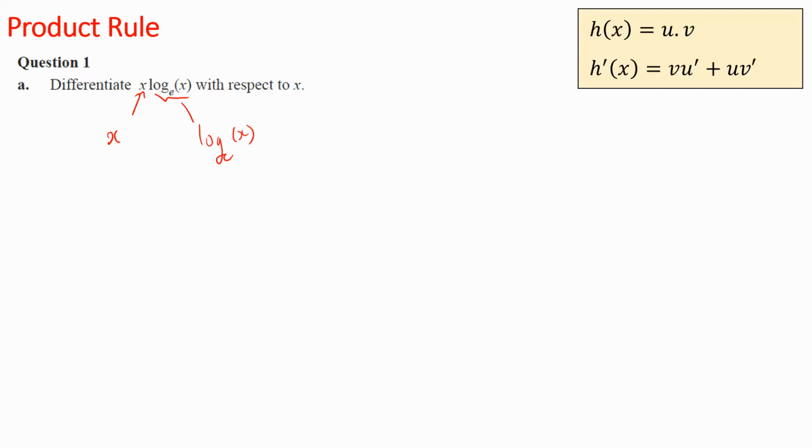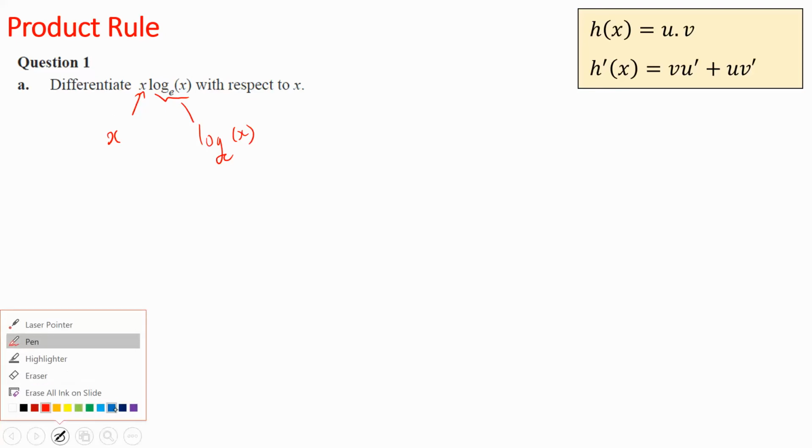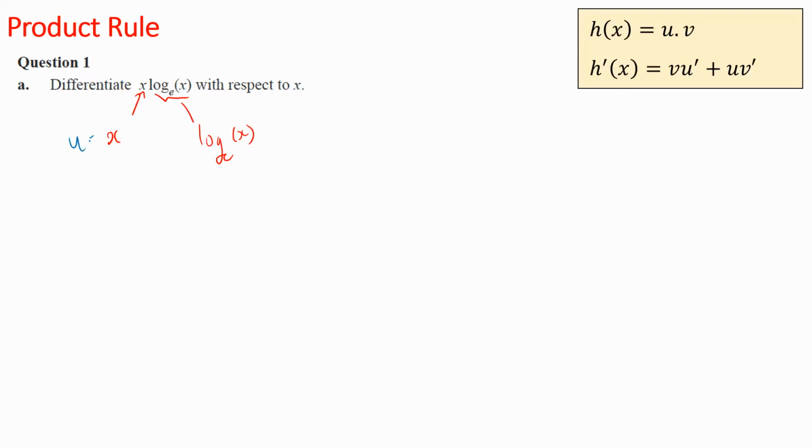So in this case here, I'm going to call x u. And I'm going to call v, the second function, log e of x. Because I know it's u times v. And according to the rule, we said it's v times the derivative u plus u times the derivative v. You see what I'm doing there? So I got u times v.